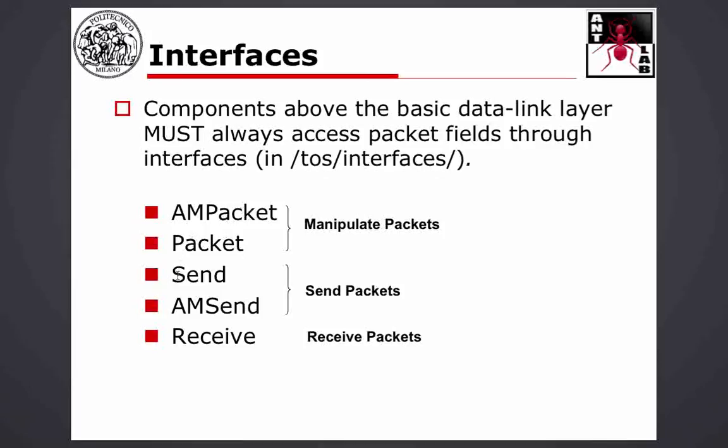We have the Send and the AMSend for transmitting packets, so these two interfaces basically provide the command for transmission and the events that are notified when the transmission is completed. And the Receive interface, which basically gives us the events for getting messages from the radio.